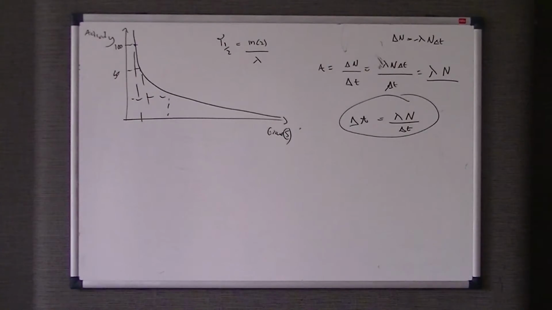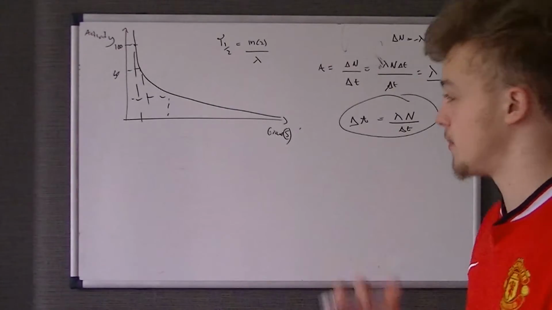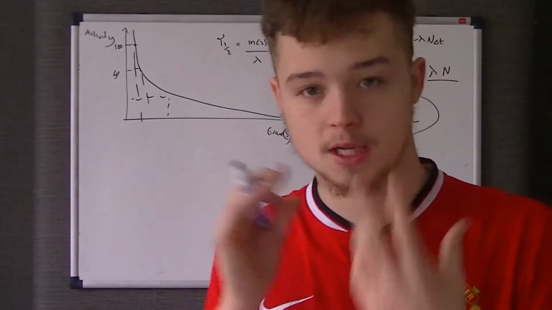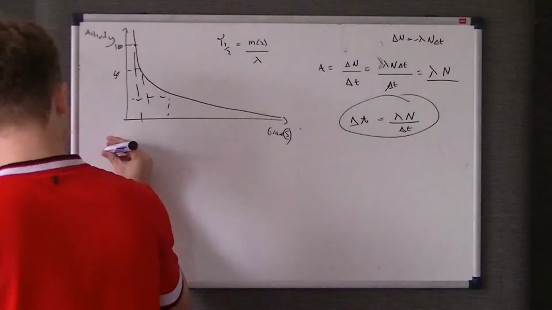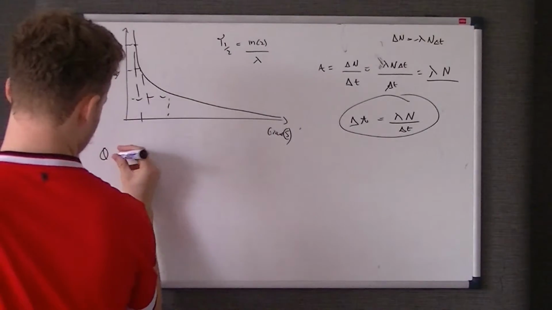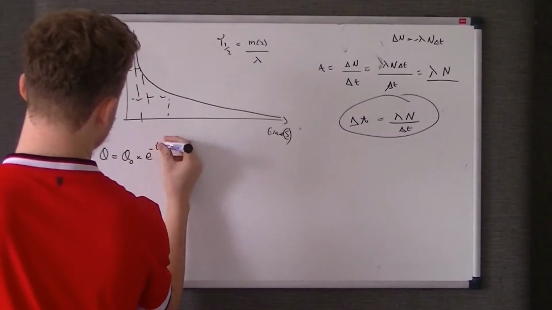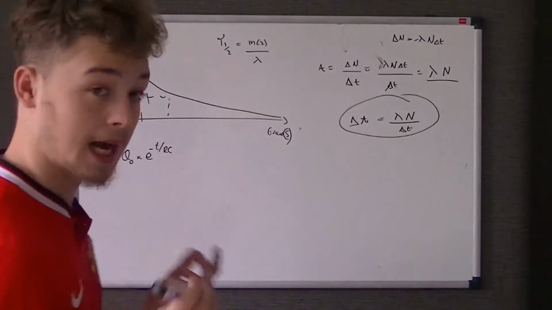Now, there's one thing I want to mention here. Because this is an exponential, the only thing we've done so far in physics that is exponential is capacitors. When we looked at capacitors, we said the charge you want to find is equal to the initial charge, Q0, times e to the power of negative t over RC, RC being the time constant.